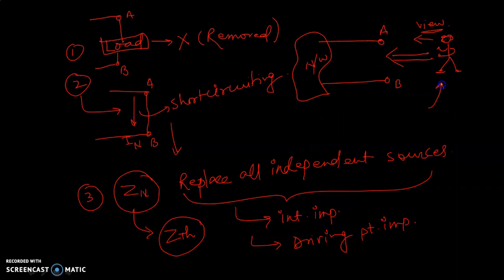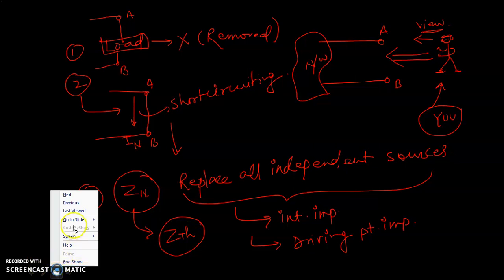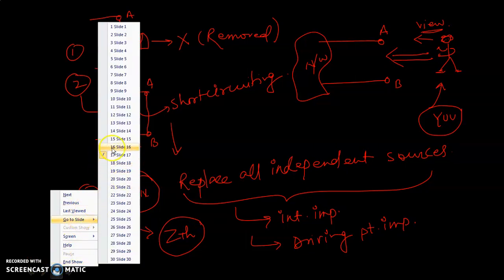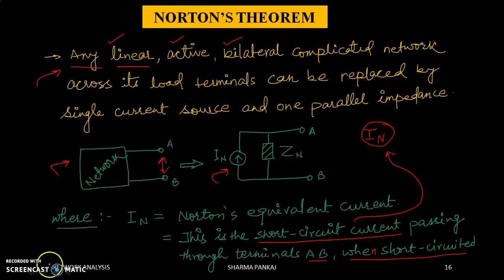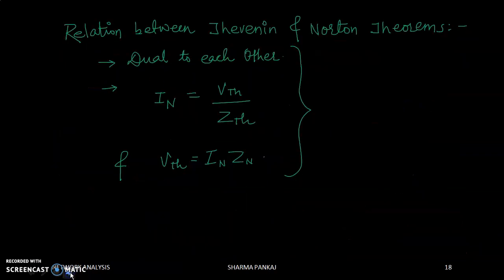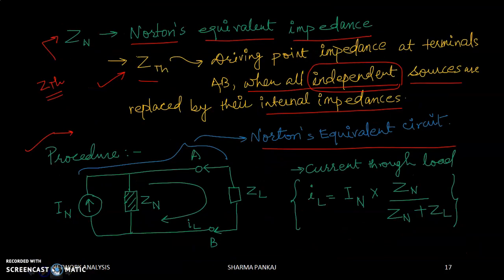Just assume you are standing here and you are seeing the network from here. See this? We are back to our original circuit. We have studied how Zn and Zth are related.